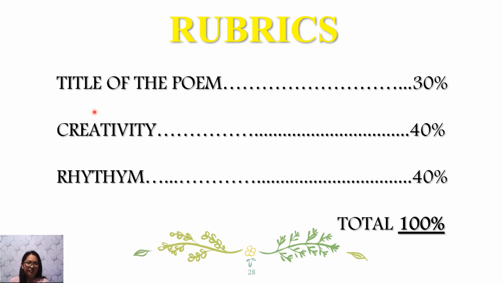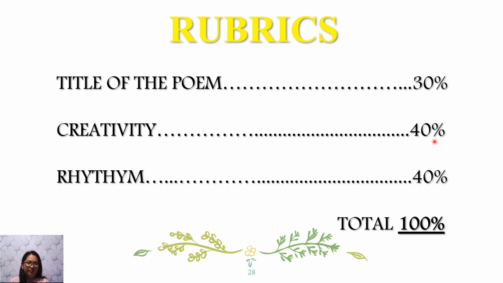You have to follow these rubrics in writing your poem. These are the following criteria. First, title of the poem. If you present a creative title related to the poem, that is equivalent to 30%. Second criteria is creativity.